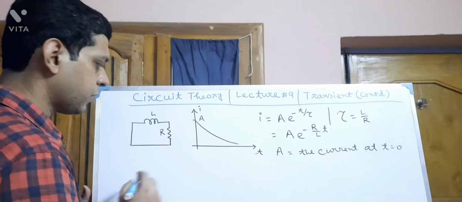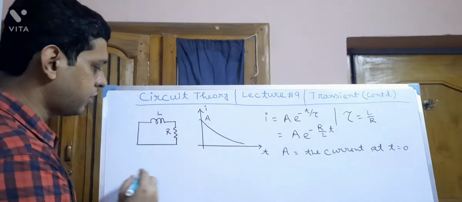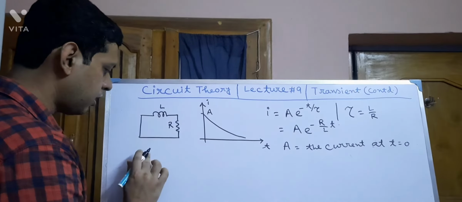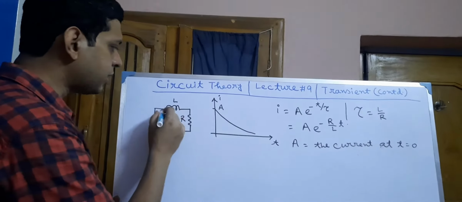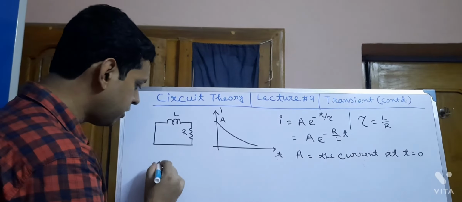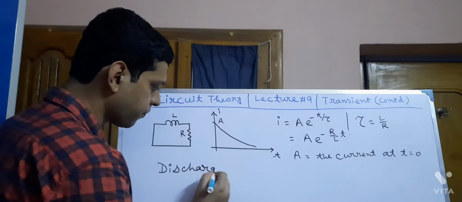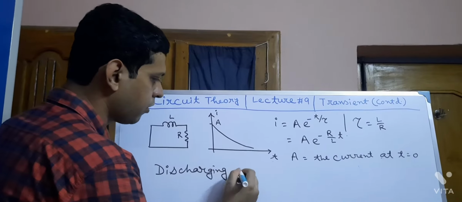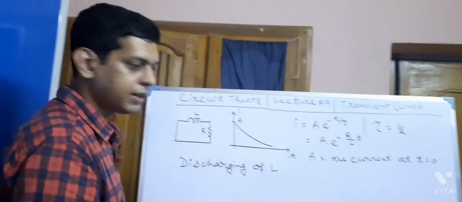Number one is, this is the nature of current in an excited L. This is discharging. This is called discharging of L in RL series circuit.